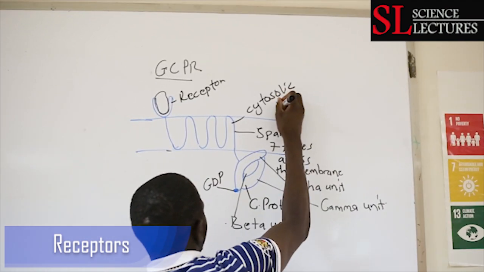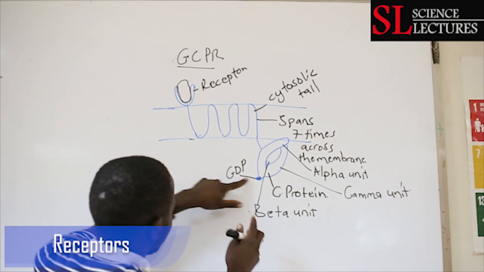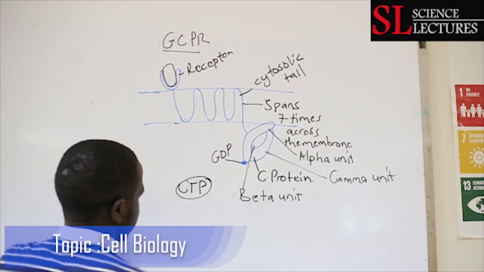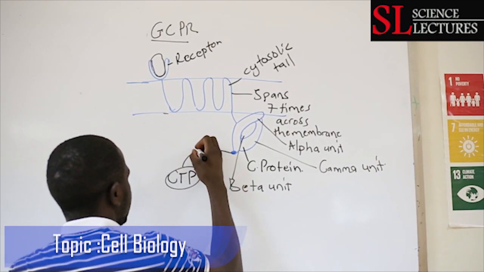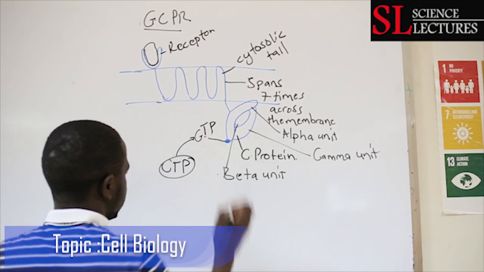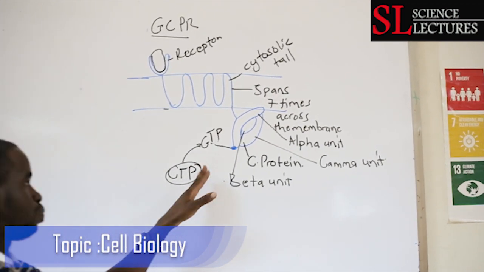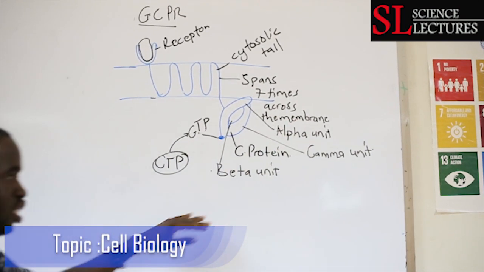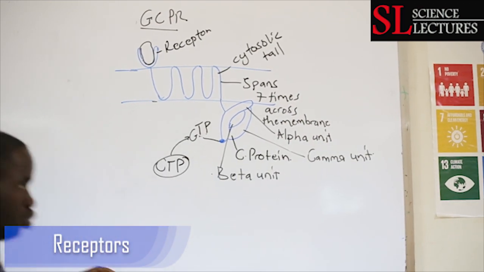Then it shall also have our GDP here being replaced by GTP that is freely floating in the cytoplasm. So this GTP shall come here and replace the GDP. However, one thing I need you to note is that GDP or GTP always binds on the alpha unit. That is why it is the alpha unit that will interact with other molecules.